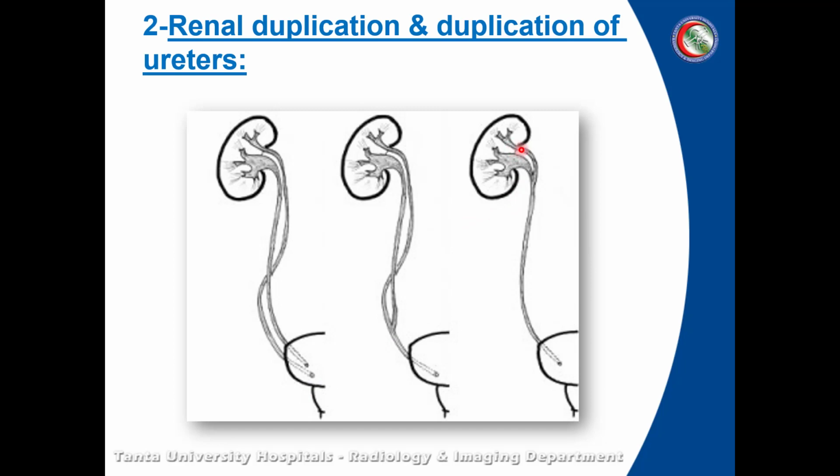Renal duplication means the pelvicalyceal system is duplicated, meaning it's twice, not one, and may end in one ureter, or may end into two ureters but united in its pathway with one vesicoureteric orifice, or may be duplicated renal duplication or renal duplex with duplicated ureter till its end with two vesicoureteric orifices. So the renal duplication and duplication of the ureters may take one of these three forms.